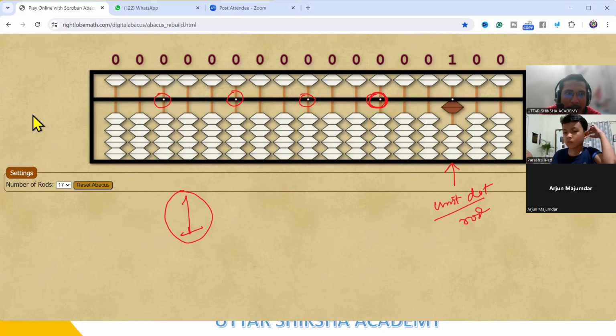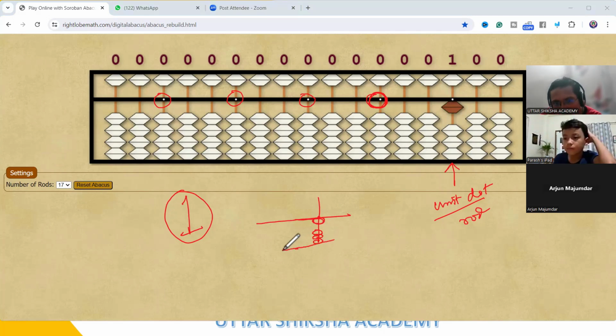It should be like this in your abacus. If this is your abacus and this is the unit dot rod, one bead should be touching this beam, and the three beads should be lying downwards. Okay, so this represents 1 in the abacus. This represents 1. Understood? Right.